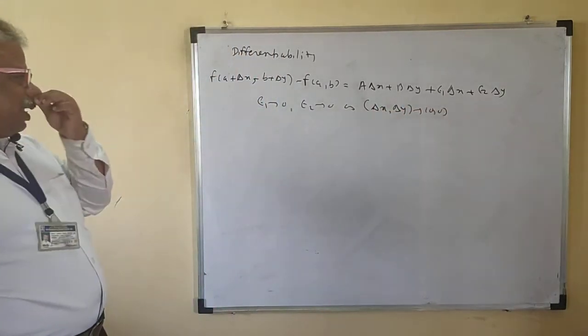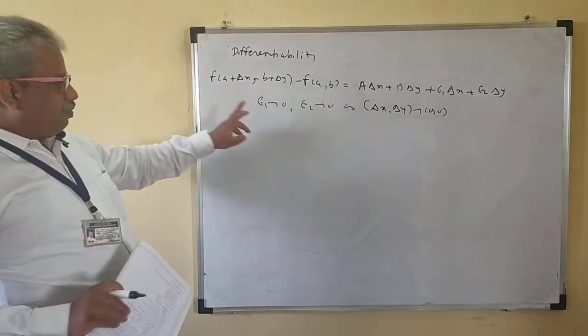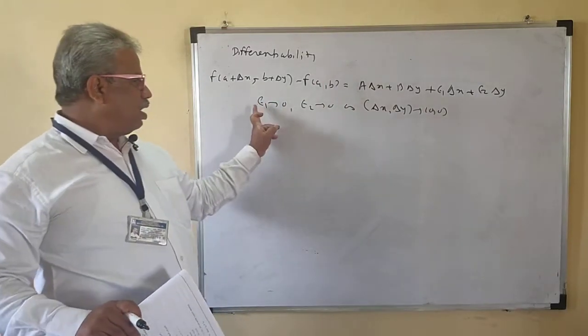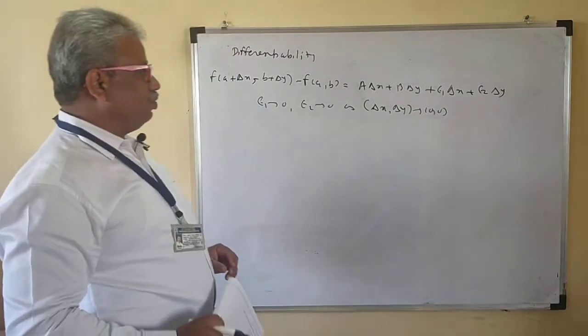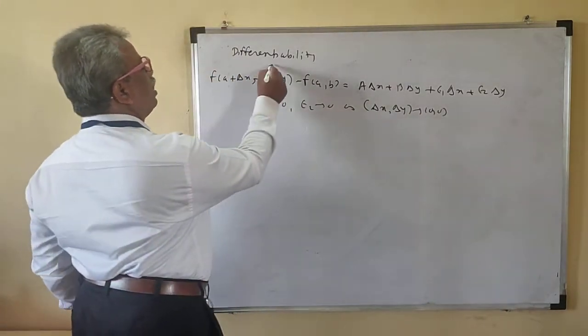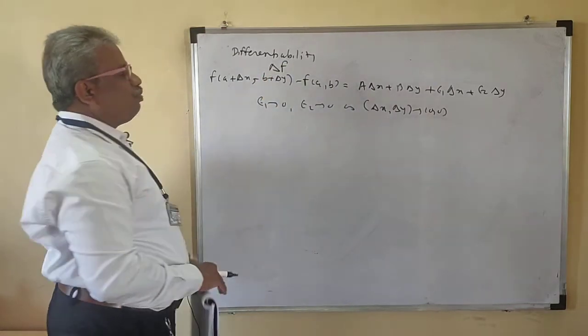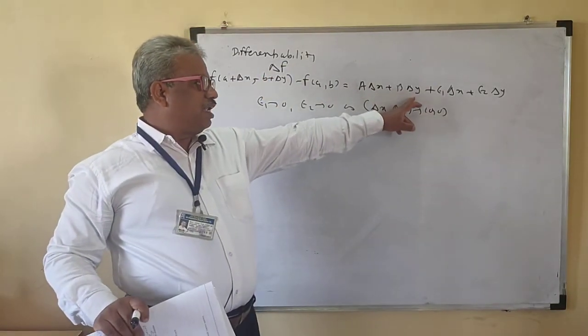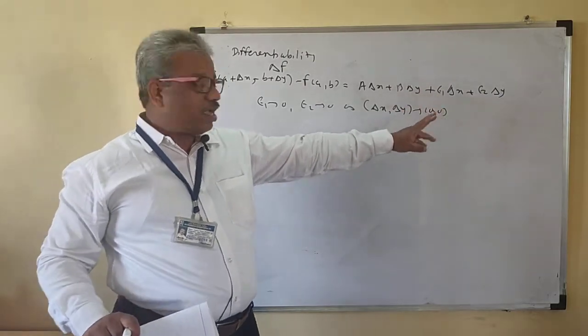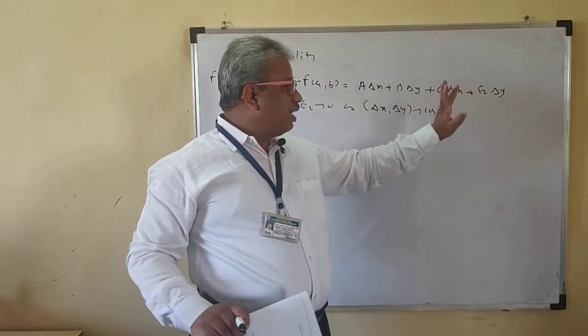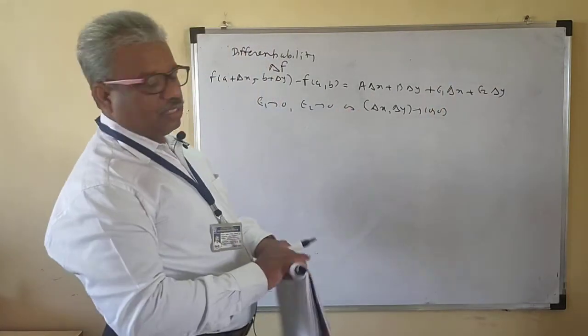If your increment is expressed like this, where a and b are constants, and epsilon 1 and epsilon 2 tend to 0 whenever delta x and delta y tend to 0. This is also called delta f. Delta f is equal to a delta x plus b delta y plus epsilon 1 delta x plus epsilon 2 delta y. Epsilon 1 is a function of delta x and delta y. Epsilon 2 is also a function of delta x and delta y. Then we say that the function is differentiable.